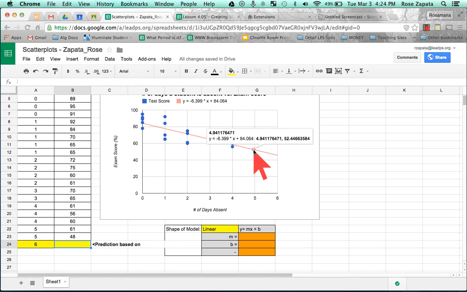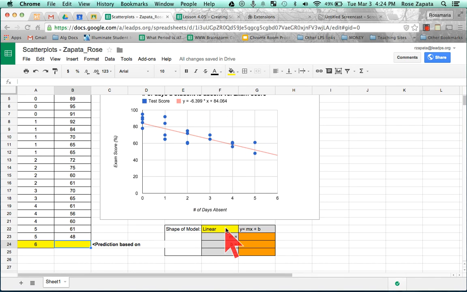Or if I'm absent for 4.9 days, I'll get about a 52% on my exam. So the problem with this is that I can't exactly get an exact number. And yes, I can estimate. But because I have this equation, I'd like to be able to just know what I should expect.